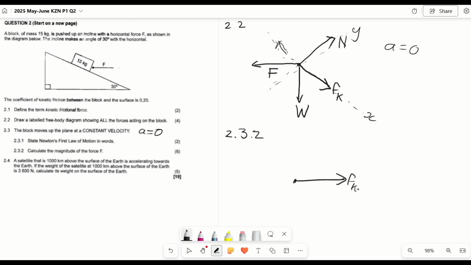That's our frictional force. Our normal force would be directly upwards. Our force being applied will be 30 degrees downwards.